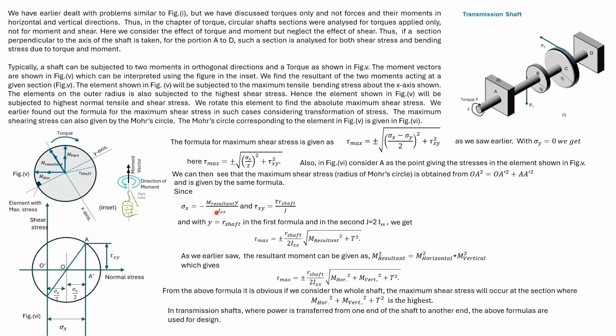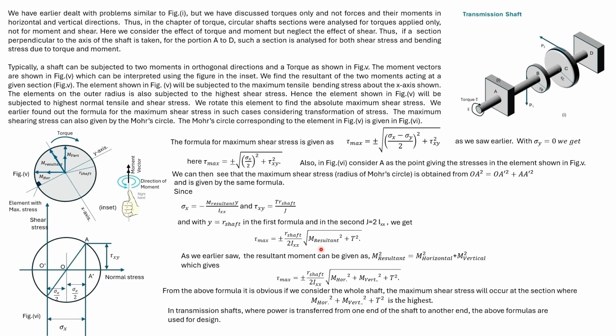We substitute these two expressions in the equation of tau max and also substitute the values of y and J as given. Then tau max is obtained as shown.